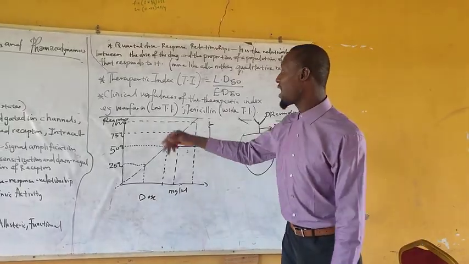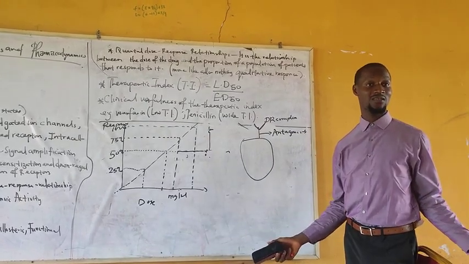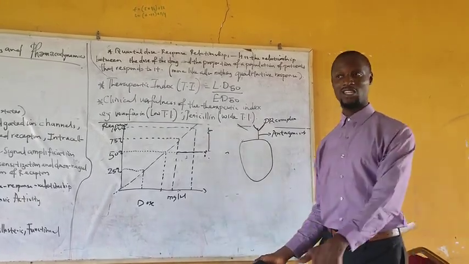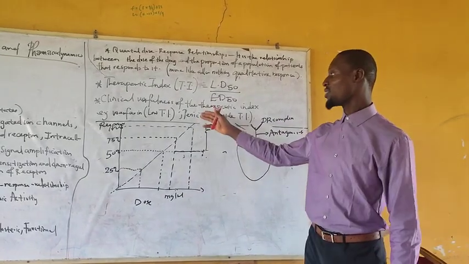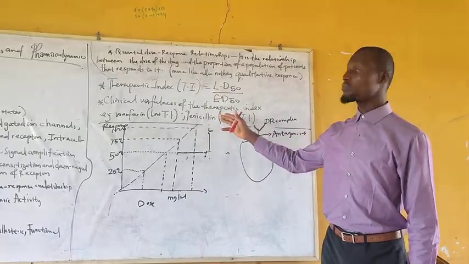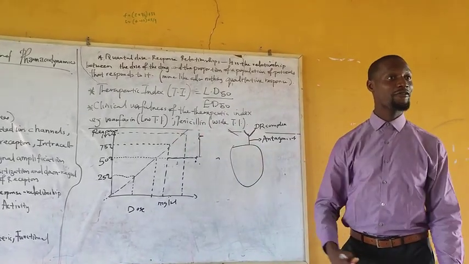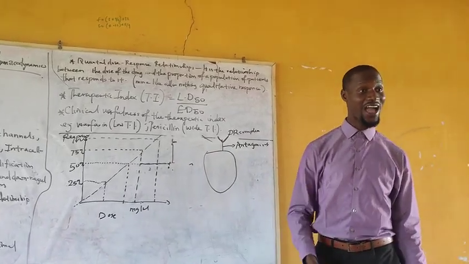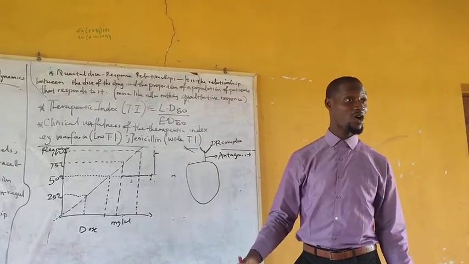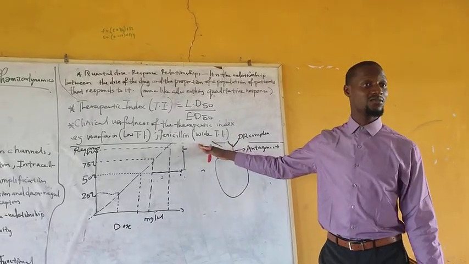A safe drug will have a wide therapeutic index. A drug can be efficacious and not be safe, like warfarin. A drug can be effective and have a wide TI. It means there is room to make a mistake, and there will not be a problem with overdosing or poisoning. Examples of drugs like that are penicillins.